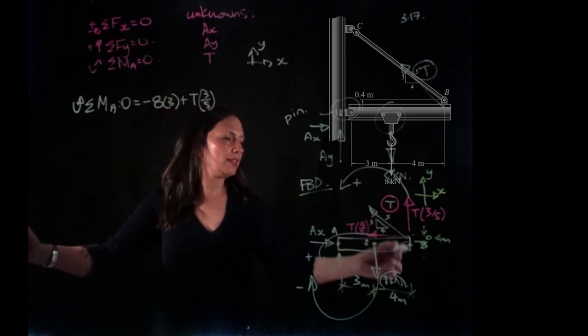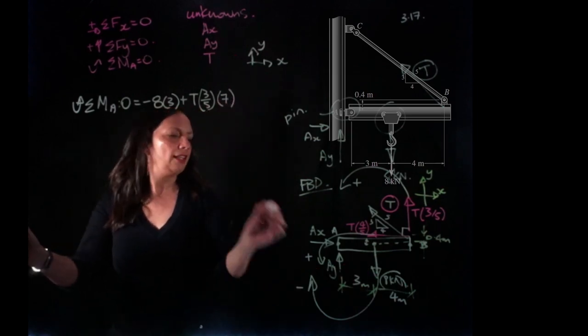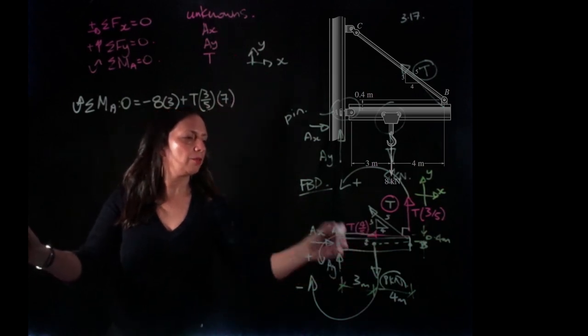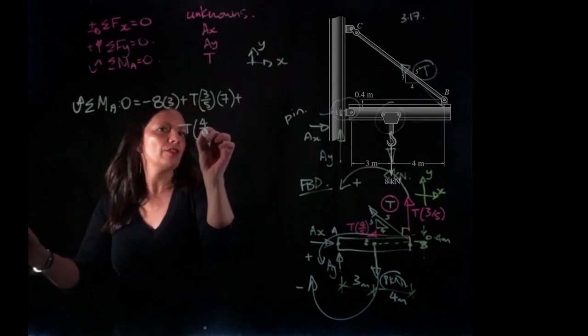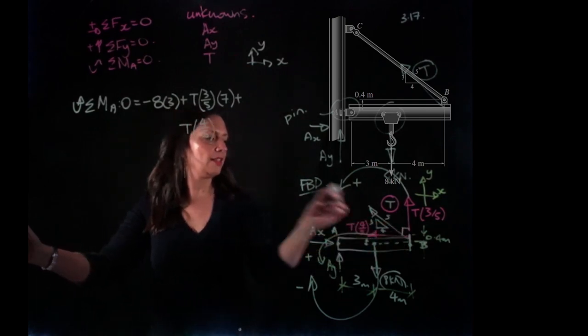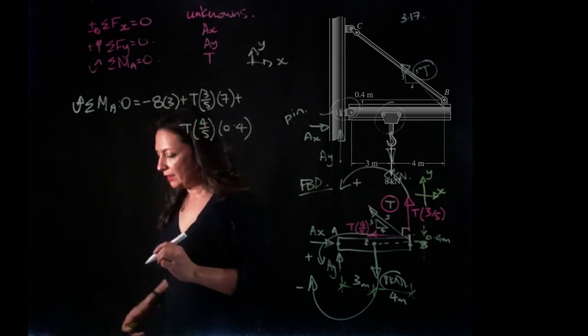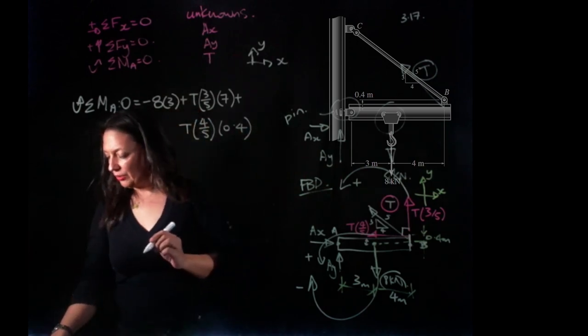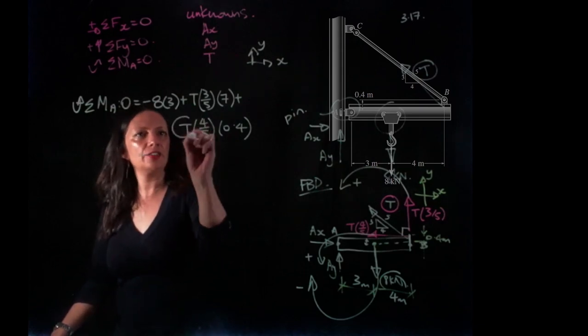My perpendicular distance is 7 meters plus, that's going positive, T 4 on 5. And my perpendicular distance is this distance here, so it's 0.4. Have I included everything? So if I calculate that out, I can actually solve for T.